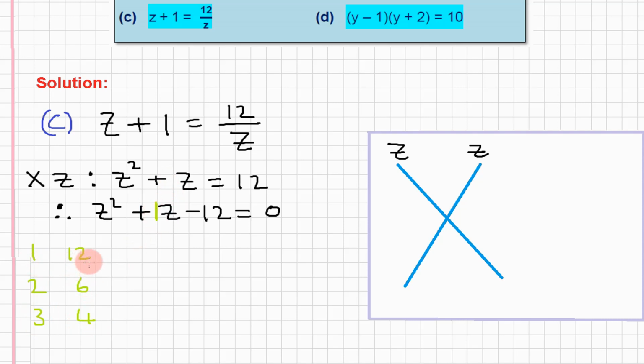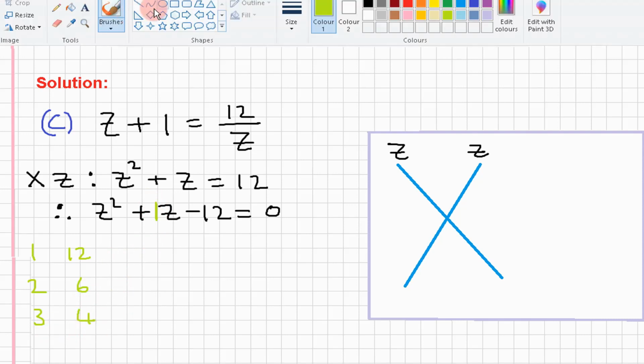Now 1 and 12 won't work because 1 and 12, when we sum it, will give 13, and the difference between 1 and 12 is 11. 2 and 6 won't work because the sum of 2 and 6 is 8, which isn't 1. And the difference between 2 and 6 is 4, which is also not 1. Then the sum of 3 and 4 is 7, which isn't 1. But the difference between 3 and 4 is 1. So we know that we're going to use 3 and 4.